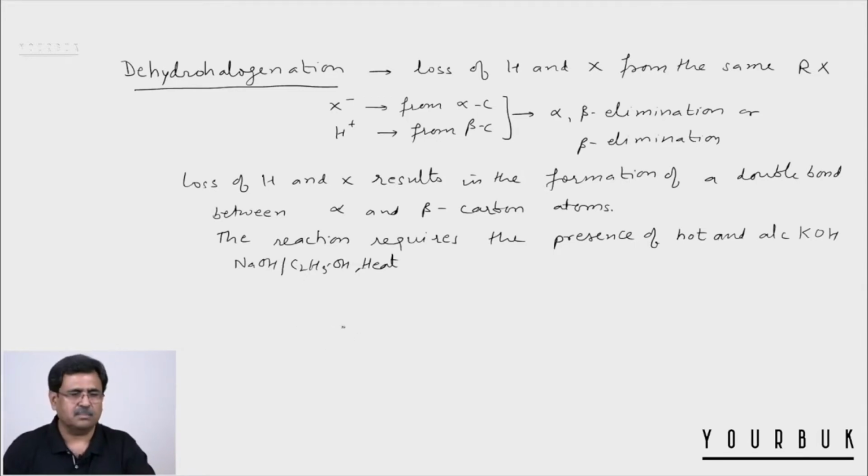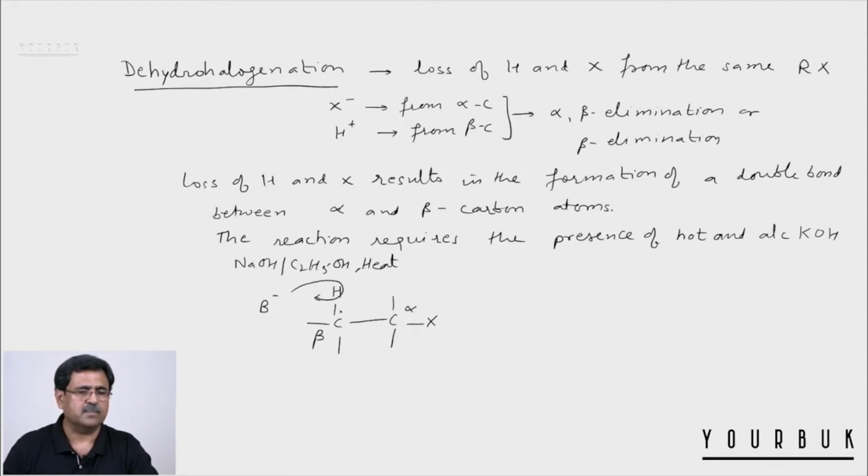Let us take this example. This is a haloalkane. This carbon is called alpha carbon and this carbon is called beta carbon, and the base attacks the beta hydrogen and removes it in the form of H plus ion, and this C-H sigma bond then shifts toward this side, forms a double bond, and this results in the loss of X as X negative.